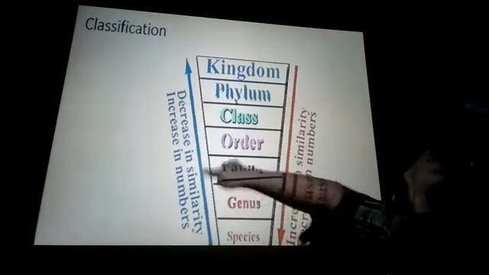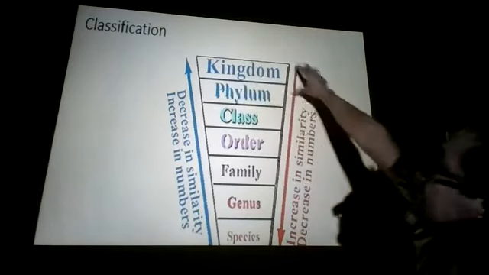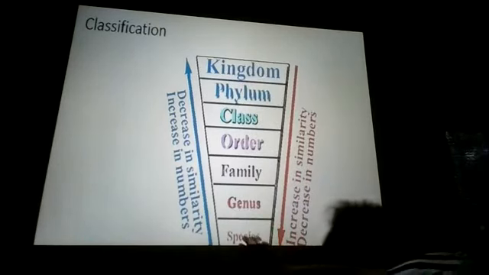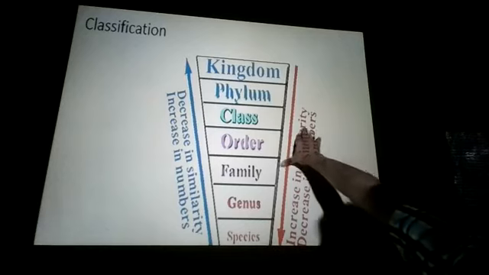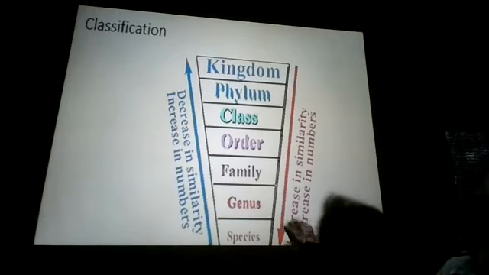When you go up to the highest setting, you have increasing numbers, but when you go down, you become more specific. So you increase the similarities, but you decrease the numbers. So there's less of them when you're talking about species.